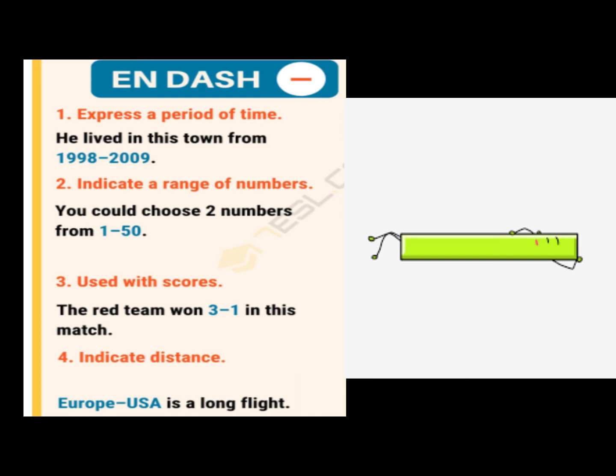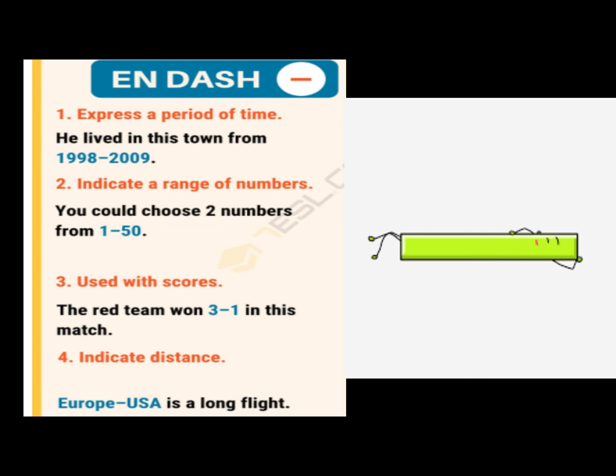The second use of N dash is to indicate a range of numbers. For example, you could choose 2 numbers from 1 to 50. Again, we speak it like 1 to 50 and this preposition to is replaced with N dash. So 1 N dash 50.